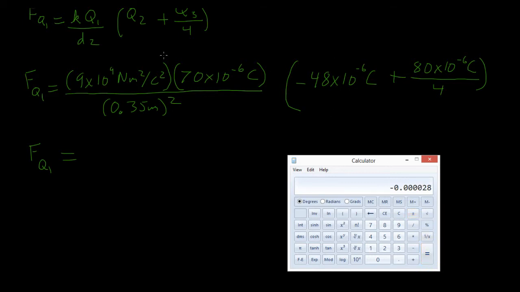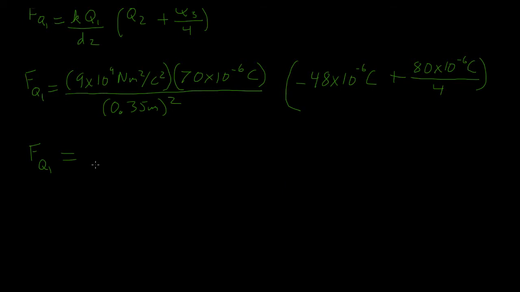Okay, now I need to multiply by 9 with an exponent of 9. And then I need to multiply by 70 with an exponent of negative 6. And then I need to divide by 0.35 squared. Equals. And you see we get negative 144.